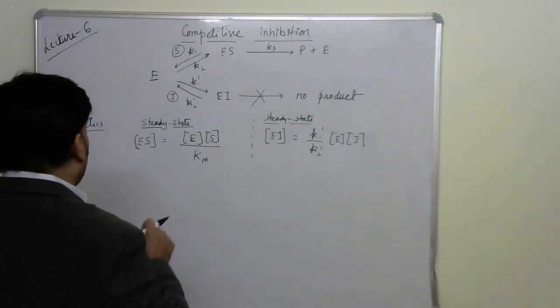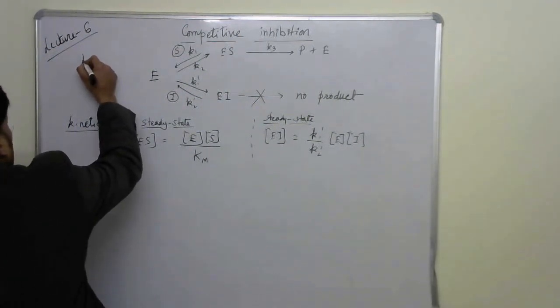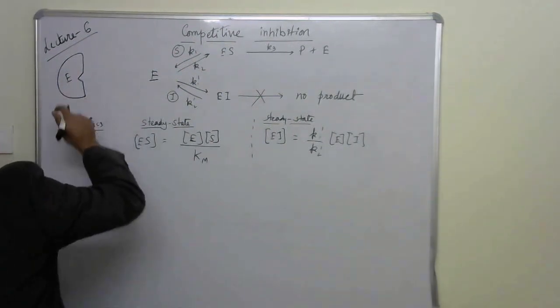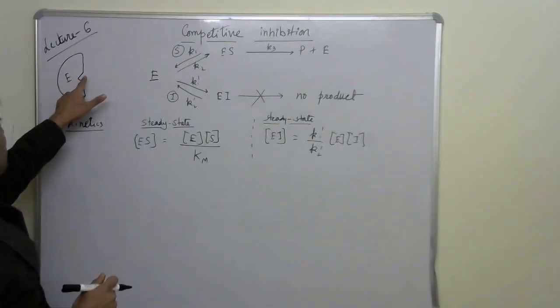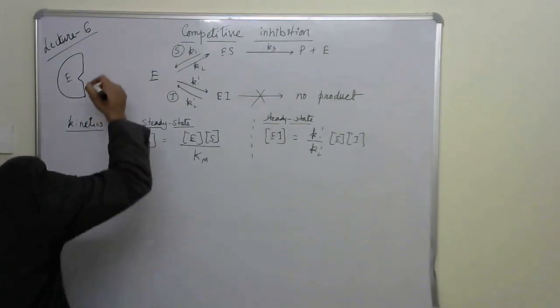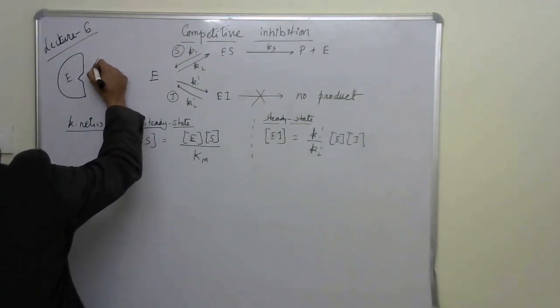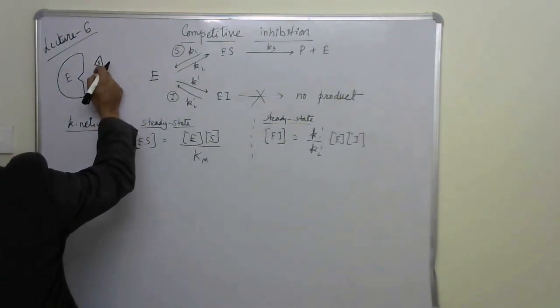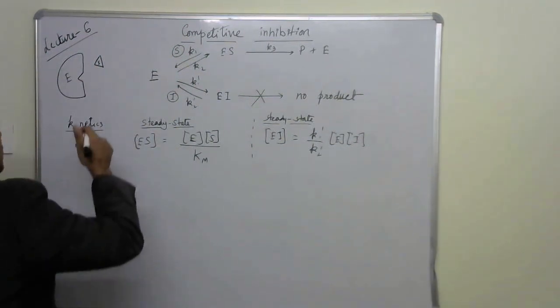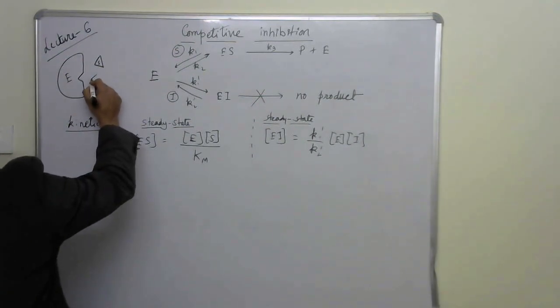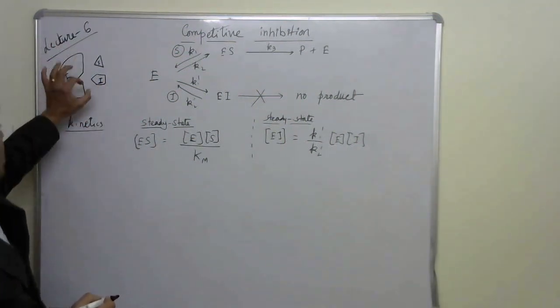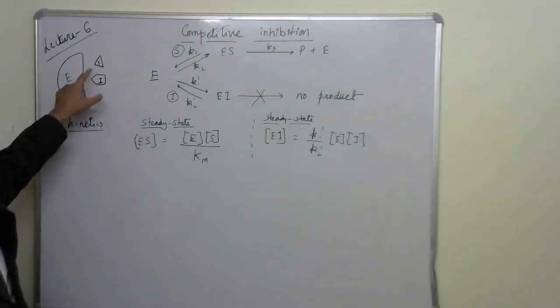But for the time being, we can make a cartoon diagram of the active site. So let's try to understand: this is the enzyme and this is the active site. The substrate can be thought of as having a geometry like this, which can directly fit. But there is an inhibitor whose binding site geometry may be identical to that of the substrate.